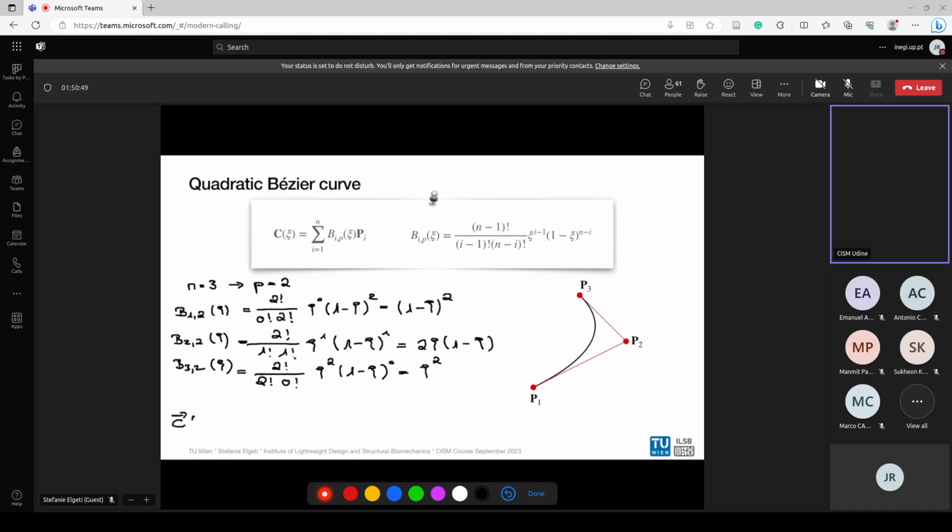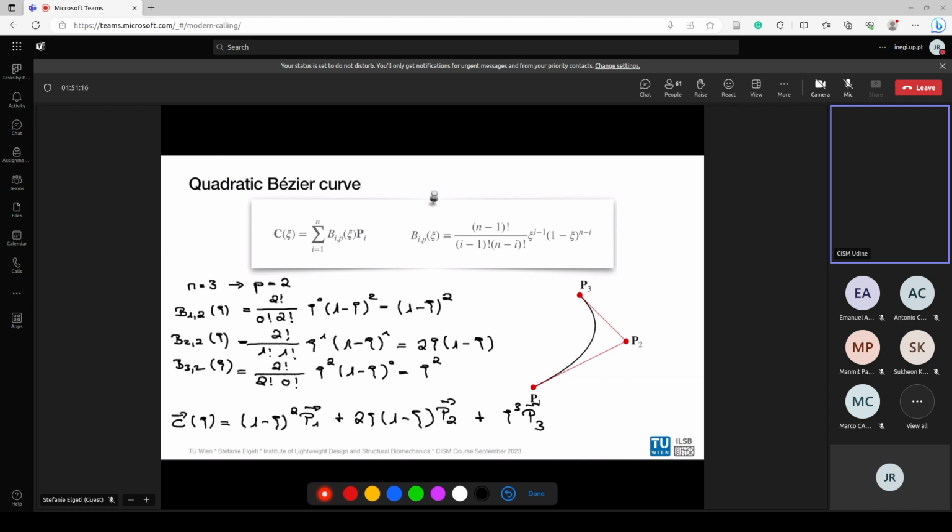And our curve phi of psi is then computed as first basis function times coordinates of the first control point plus second basis function times coordinates of second control point plus the third basis function times the coordinates of the third control point.